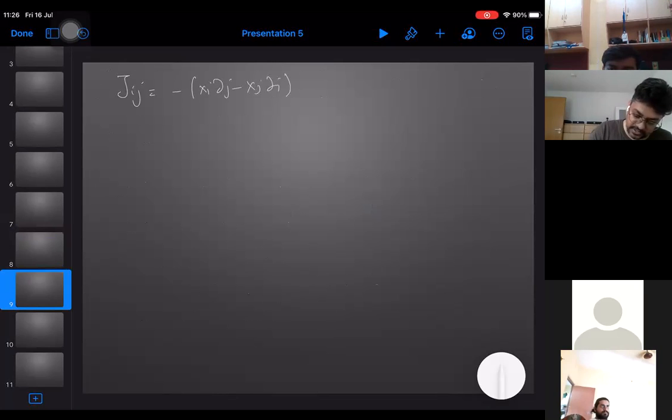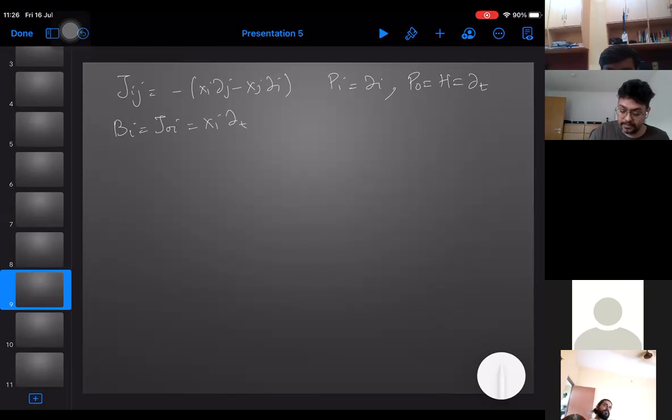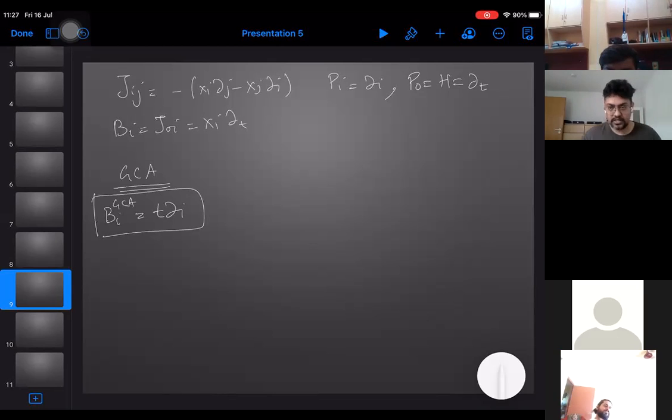But your boost part changes. Let us write the translations. Your P naught basically is H, which is your del t, and this is your boost. So this changes. As you can see, before, in your GCA, when you have the boost, that is given by this. So see the difference between the algebras, how they are different from each other. They are totally two separate singular limits. And the rest is the same.